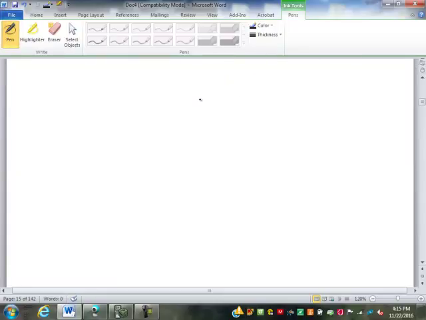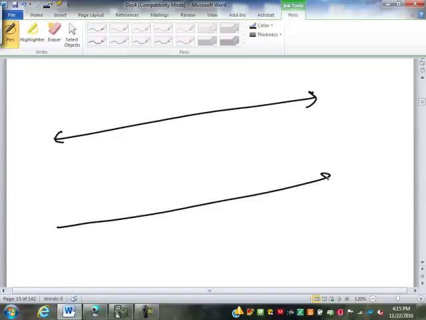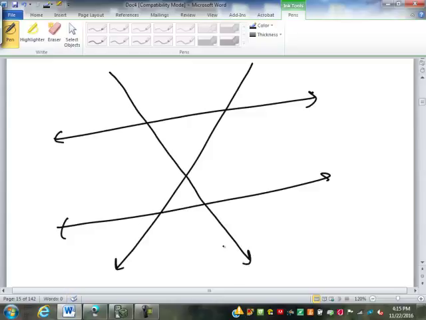We can combine this with our parallel lines. Okay, so let's say that this angle right here is 34 degrees.